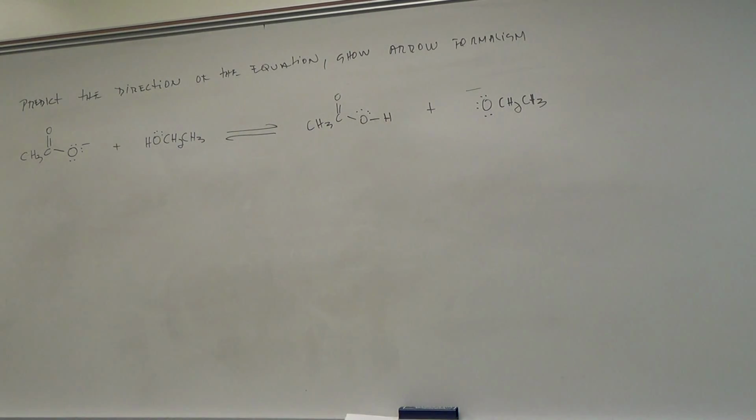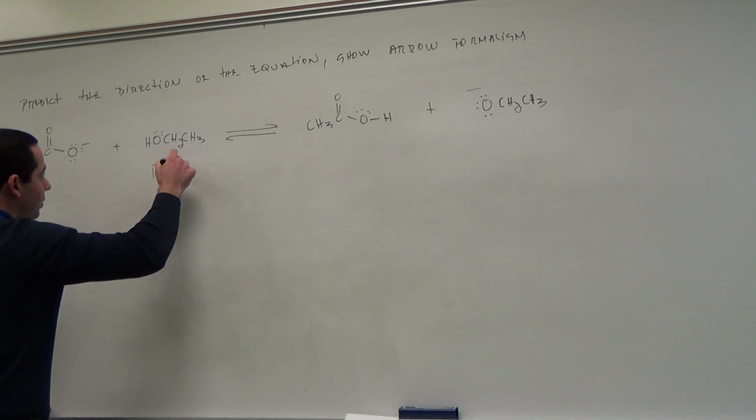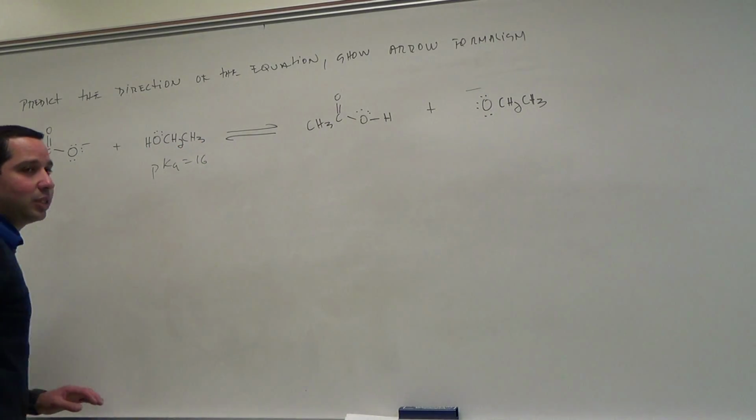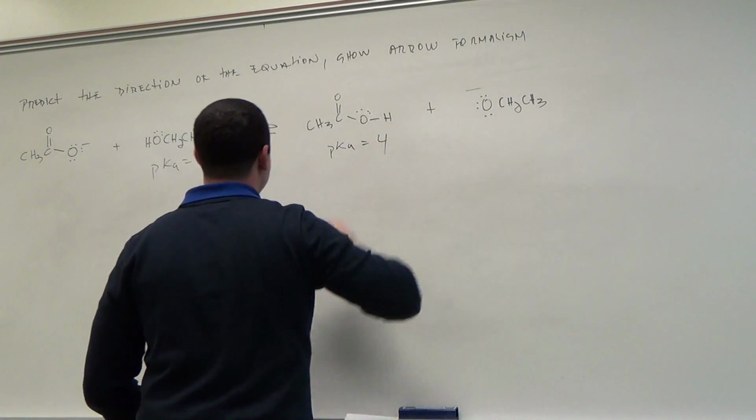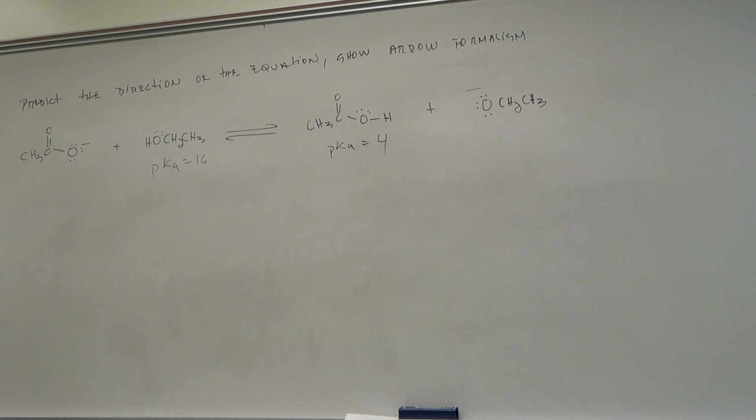So let's say the pKa of this is about 16, and the pKa of this, let's say, is 4. Where is the equation going to go? To the right or to the left?